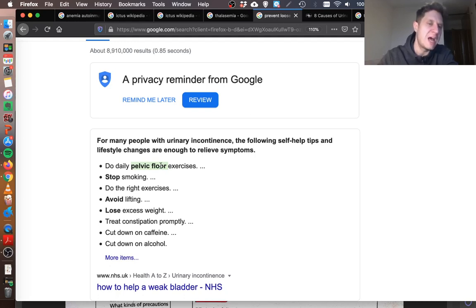The normal abdominal exercises are not very good for the pelvic floor. So you need to find specific exercises for this part.